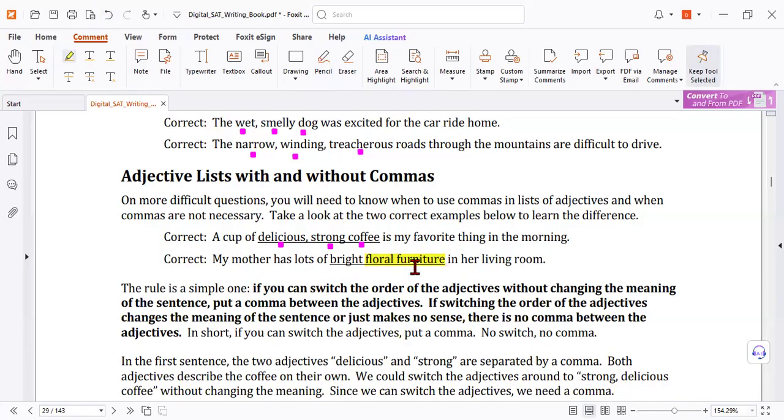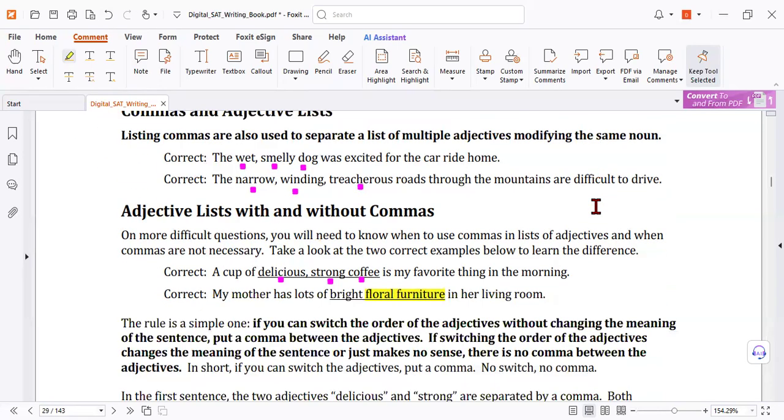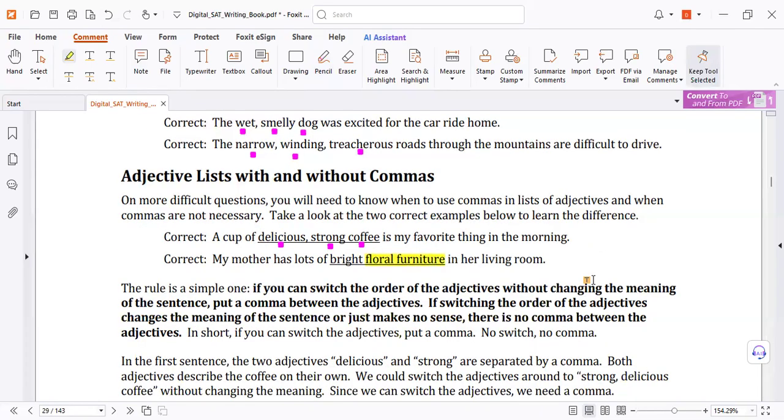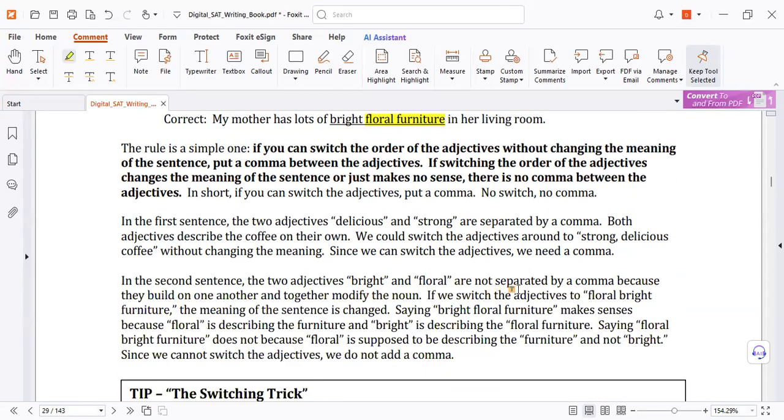The compound noun has two words, so it's not two adjectives. One noun and one adjective only, because floral does not describe furniture. It's a floral furniture, one thing. That's one. So he explained to you, of course, that here a comma is not needed because it is a compound noun.